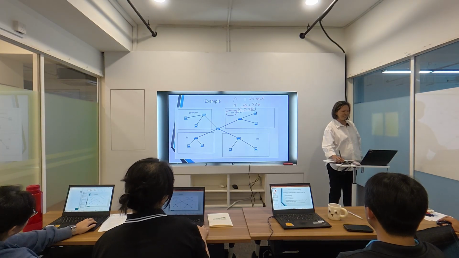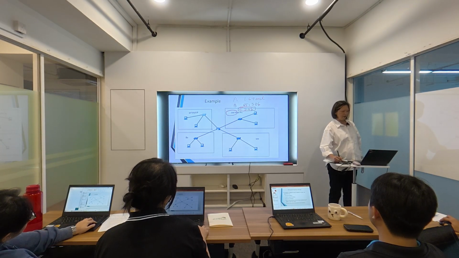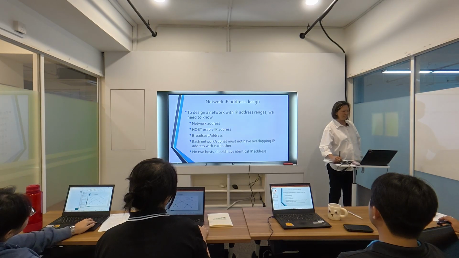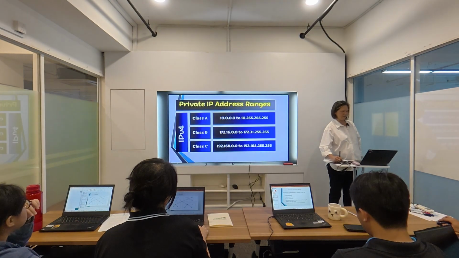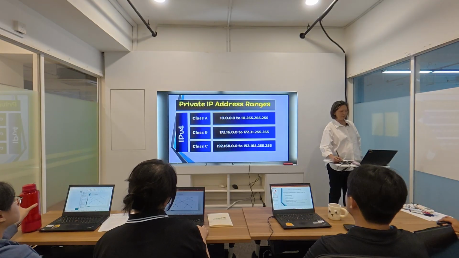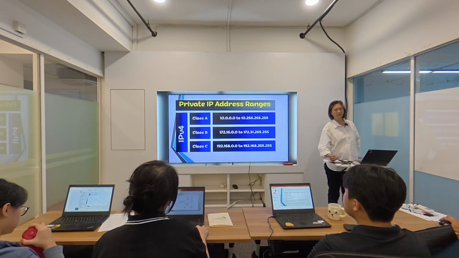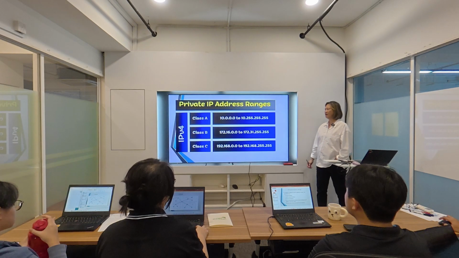And then which class C address should we choose? Going back to our slide just now, it has to be from the private range. So the class C 192.168.0.0 range.